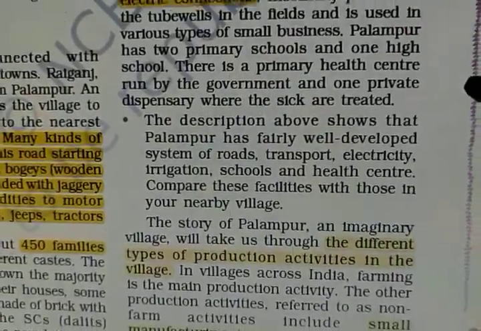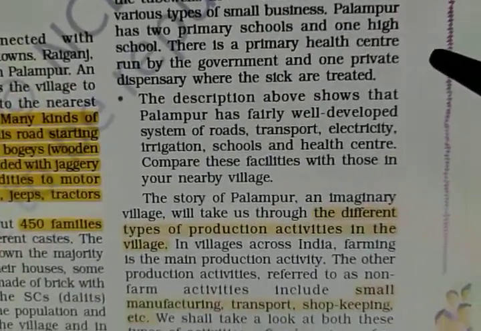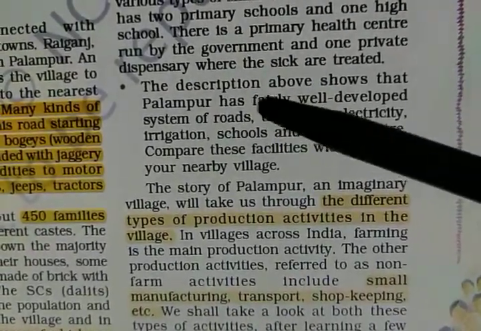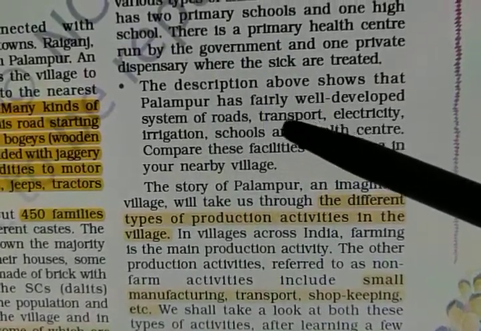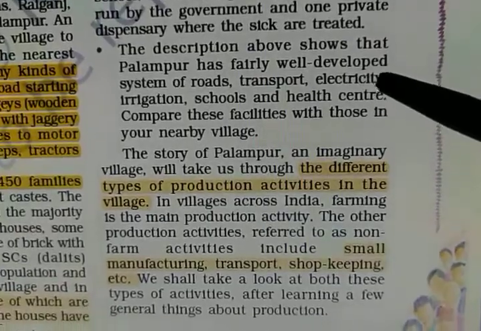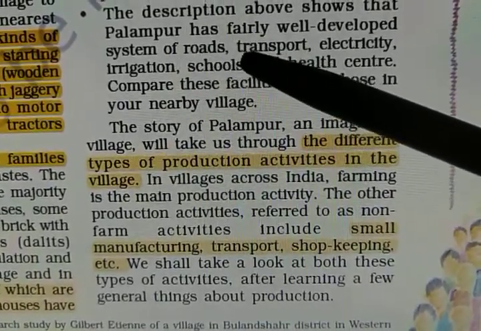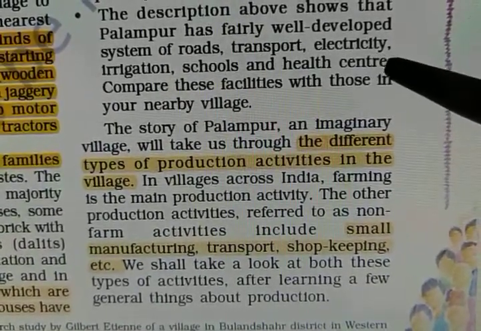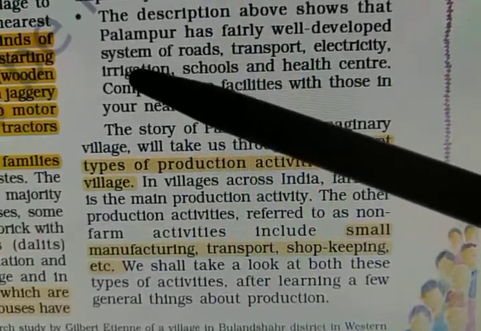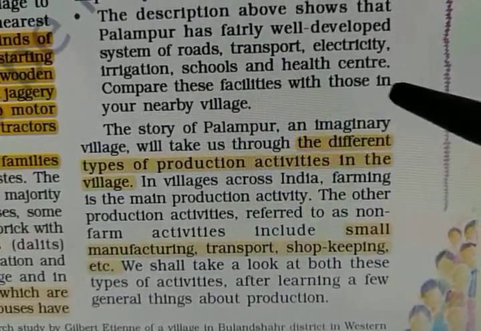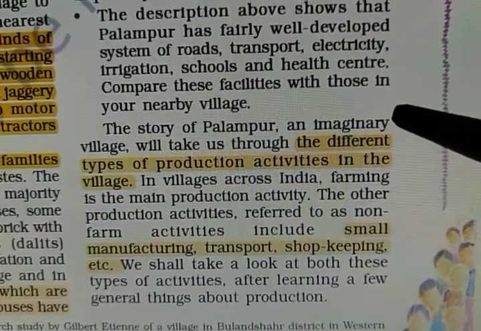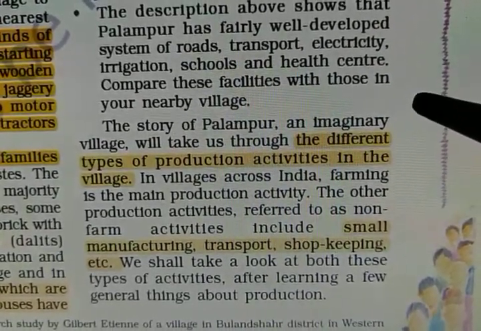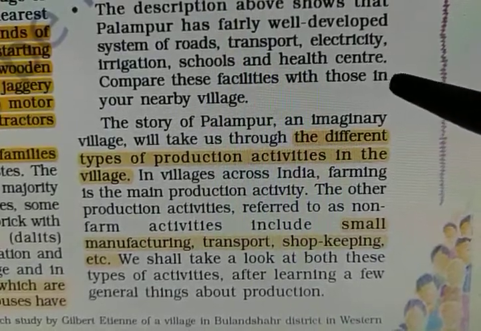These families benefit from these health centers. So the description above shows that Palampur has a fairly well developed system of roads, transport, electricity, irrigation, schools and health centers. Now we have to compare these facilities with nearby villages.